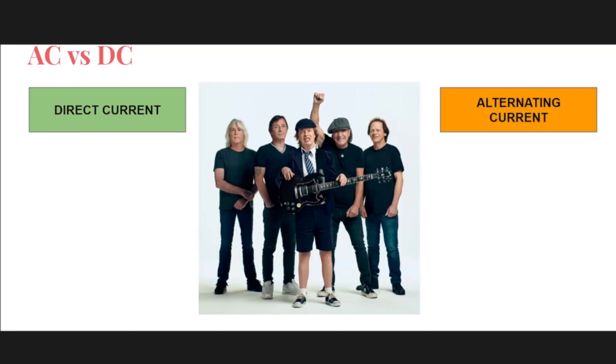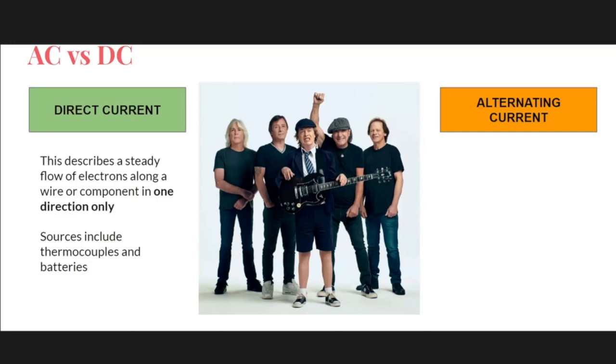So does anyone know what the difference between direct current and alternating current is? Direction, yeah. One way, and alternating can go back and forth. Yeah, that's a really good explanation. So essentially, direct current, as we were talking about before with batteries, is a steady flow of electrons in one direction only.